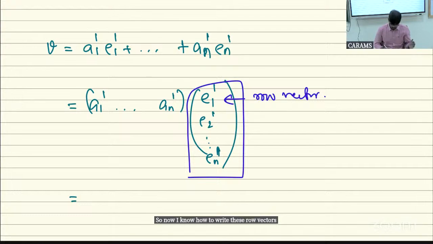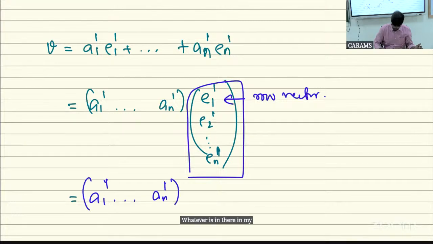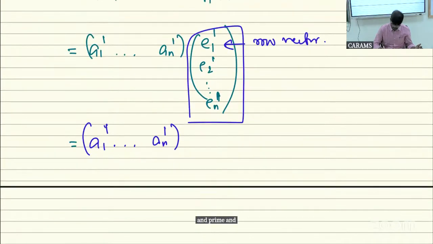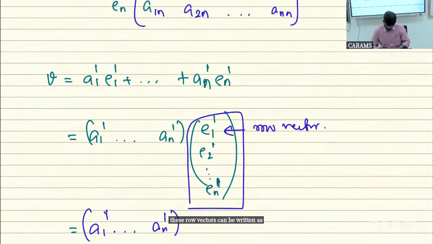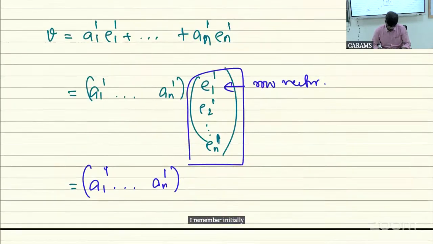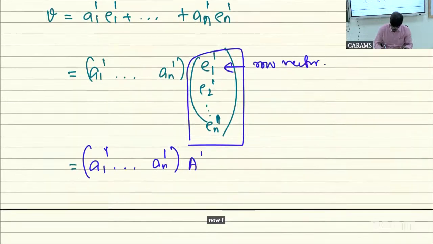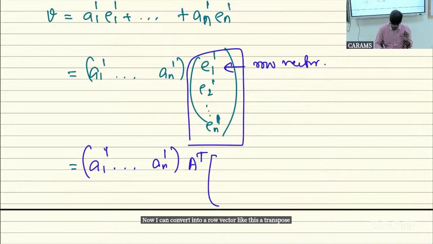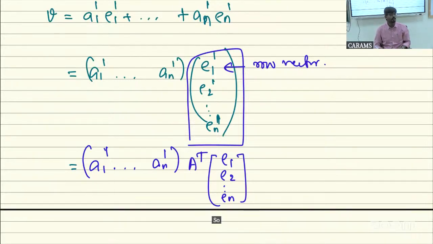Those row vectors are whatever is there in my AN prime, and these can be written as, remember initially I had written column, now I can convert into a row vector like this: A transpose times the row vector E1, row vector E2, and so on up to row vector En, correct? So hopefully that's clear for you.